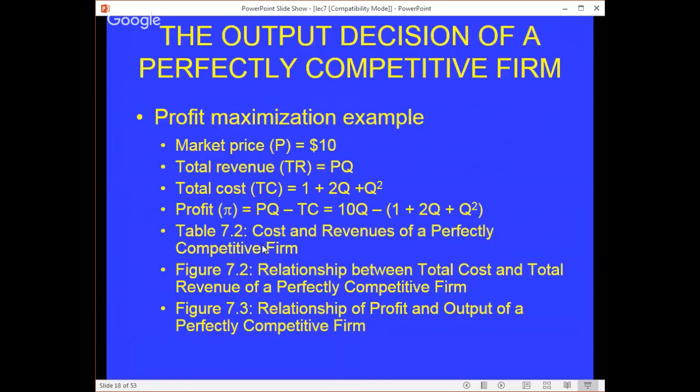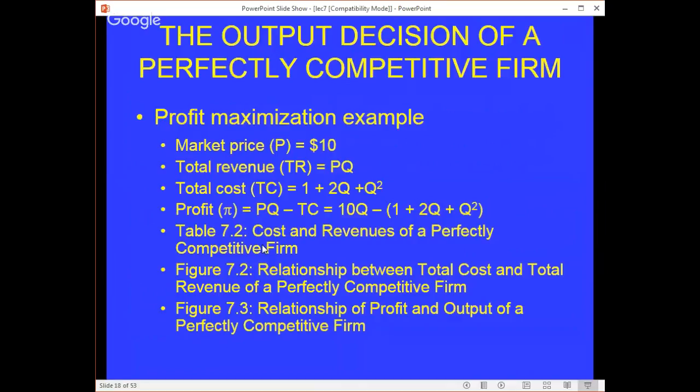In our first example, we do the same thing. The market price was 10. Now we know total revenue by definition is price times quantity. The cost function for these firms comes from your book, and again, they pulled it out of the air, just like I did for the second example.